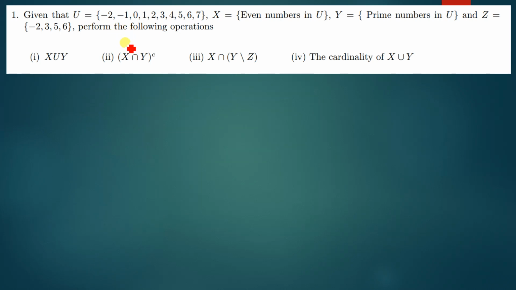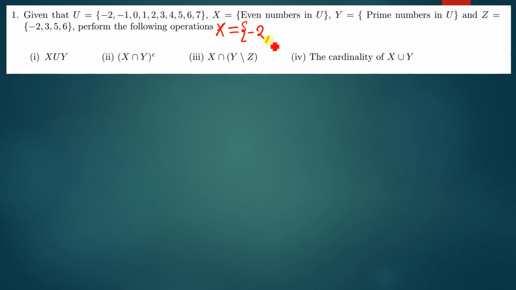So now let us solve this question together. So set x is a set of even numbers. So let us identify the even numbers that are in the universal set. So we have -2 there, because we know that 2 can go into -2, and the remainder is what? Is 0.